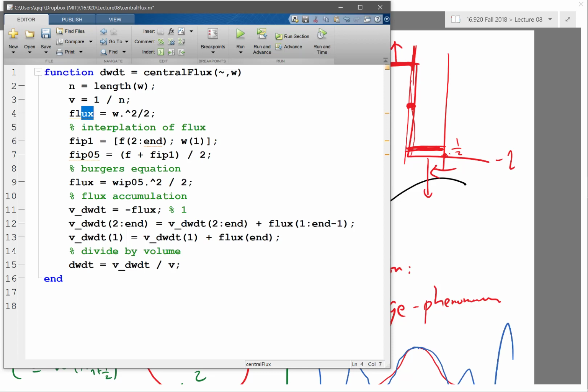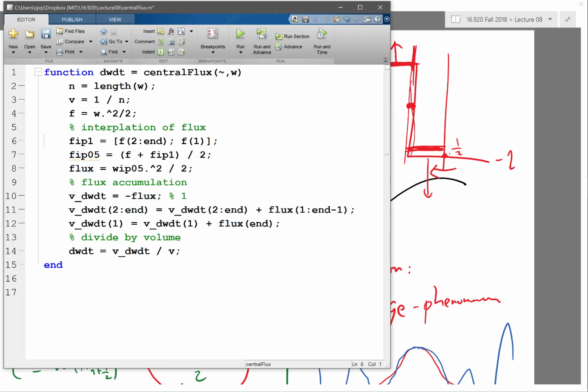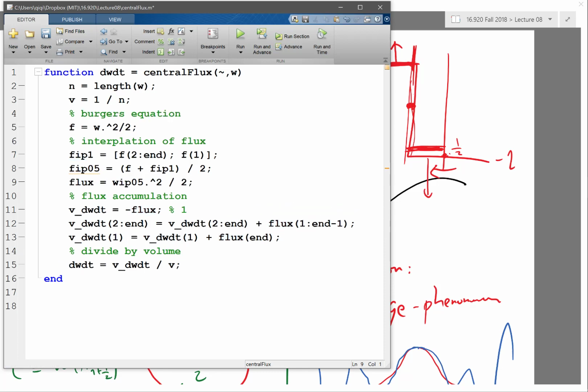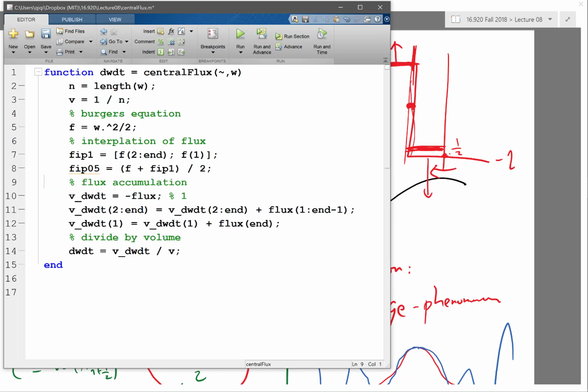Now the Burgers equation definition is moved to here, and I don't need this anymore, and the flux accumulation is still the same, F at i plus 0.5, and this and this, right?